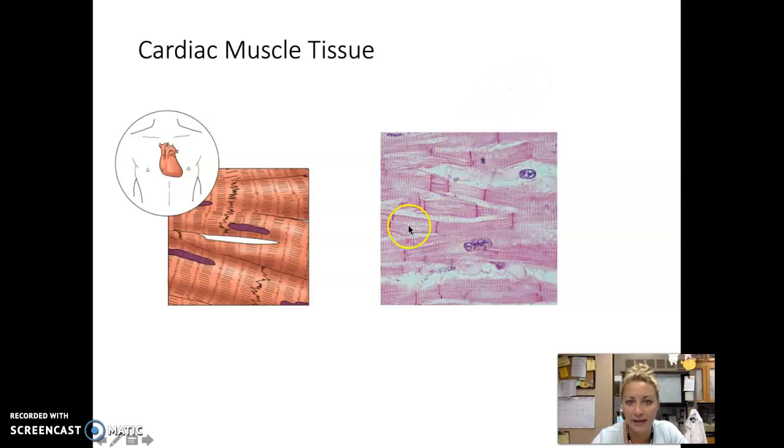Then we see the branching. So this one splits and goes up and it goes down from here over to here to here. And here, going all the way around, that Y with an extra stick on it type of shape, that is all one cardiac muscle cell.